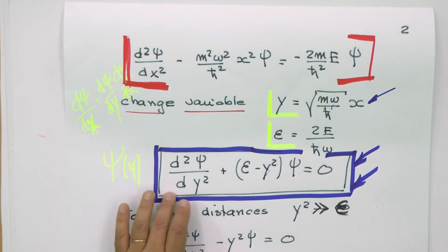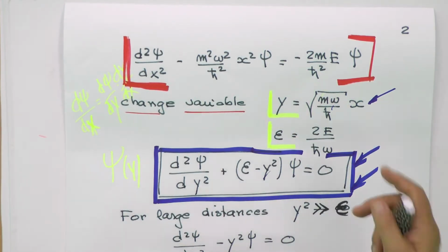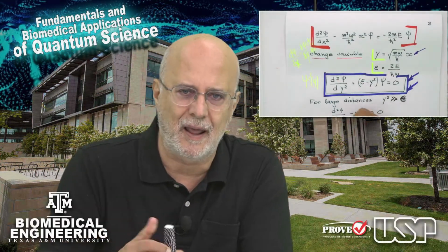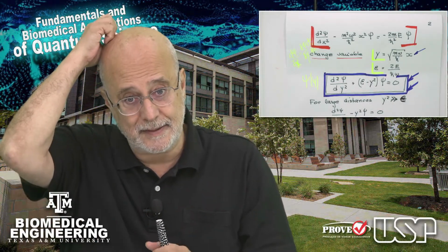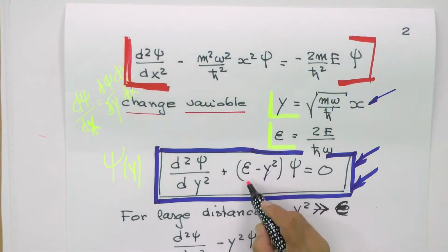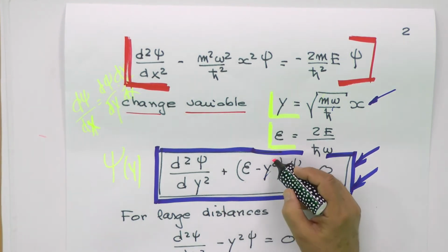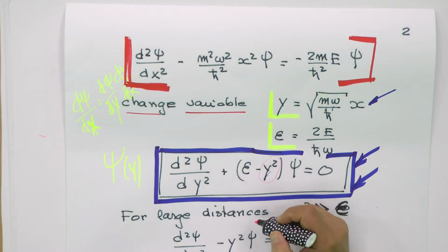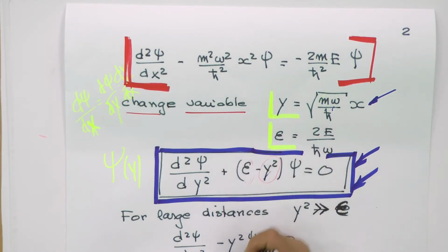So everything here is dimensionless, because we redefined the energy and we redefined the length. So they are in special units, no units. Okay, now I can compare these two terms, and there are situations where I go so far that this term dominates, and there are situations where the other term dominates.